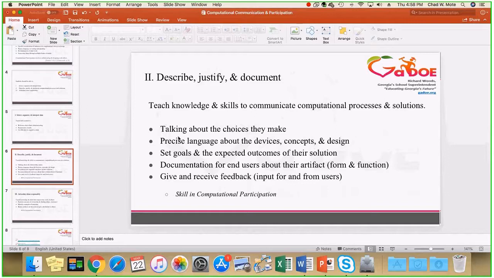But if I can't talk about the choices I make in the design, why I designed it that way, if I can't use precise language about how to use it, what devices to use, how it's designed, and what principles are involved, and then if I can't communicate that in written form, video and verbal form, audio form, whatever method of communication I'm using, then my ability to participate with others is going to be limited.